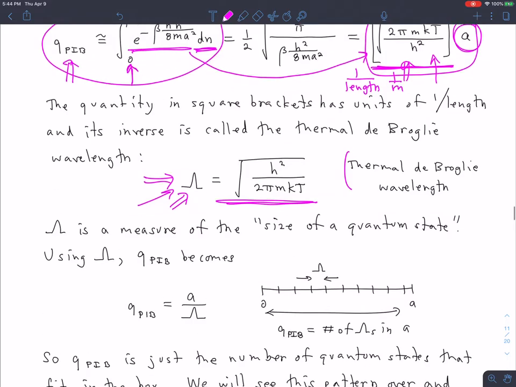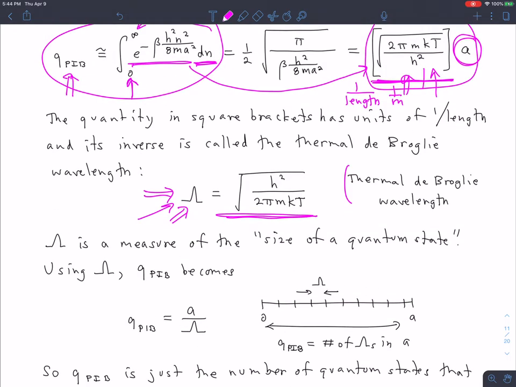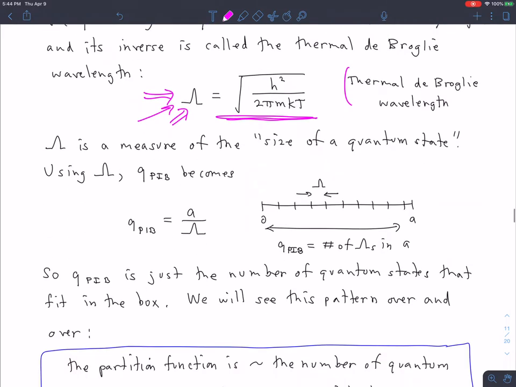What this means altogether, taking this as 1 over the de Broglie wavelength and that as the size of the box, is that the partition function for a particle in a box for translational degrees of freedom is really simple in the end. It's the size of the box divided by the de Broglie wavelength, which is effectively the size of a quantum state.